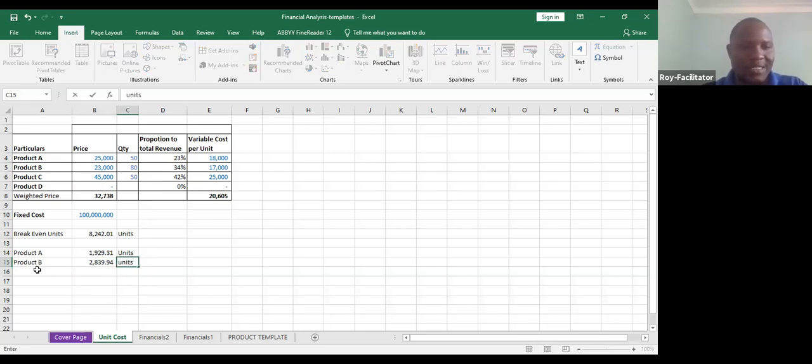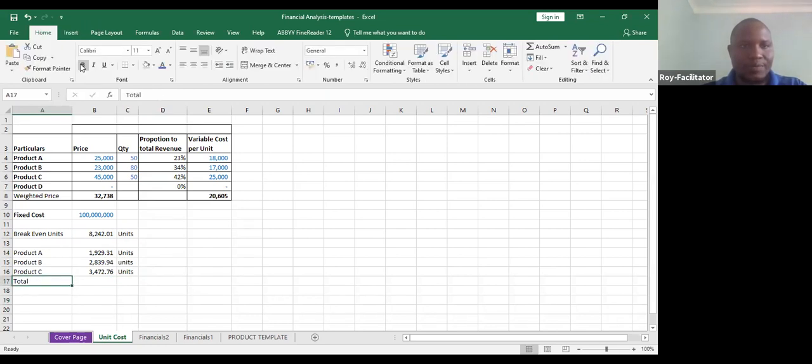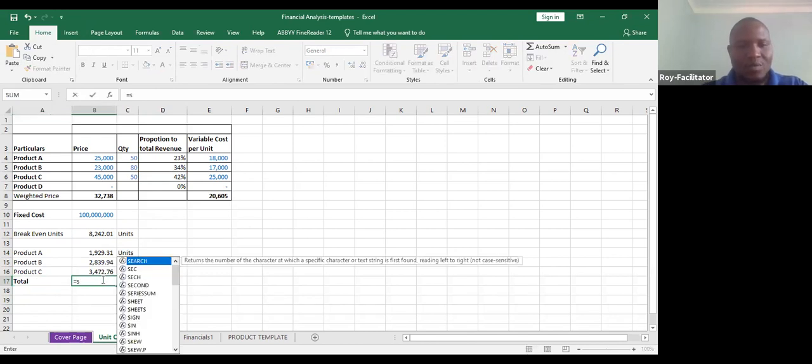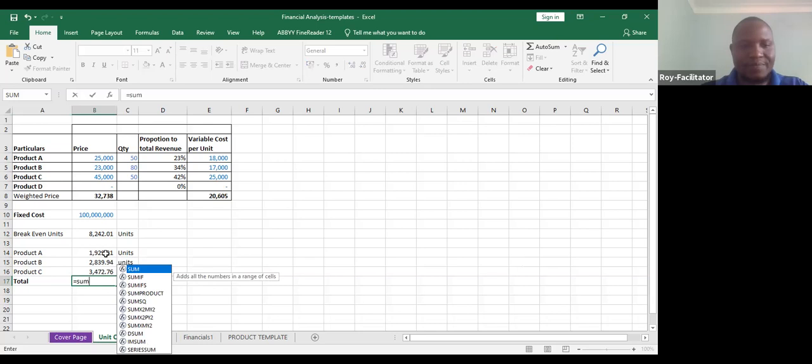And then for product C, I'll do the same. I'll take the number of units multiplied by the contribution, and that will give me 3,000. And you'll find, obviously, it will total up to what we got as our break-even point.